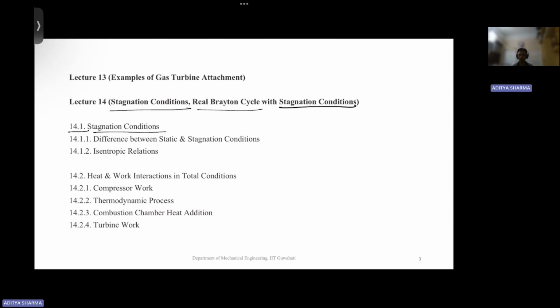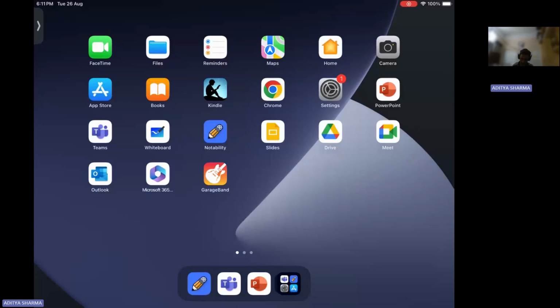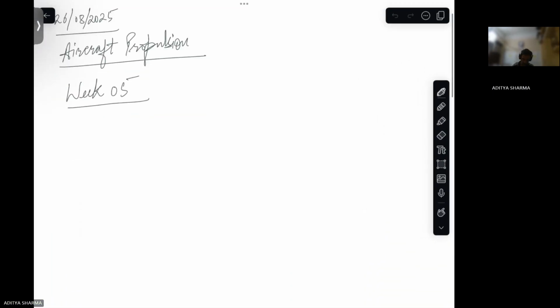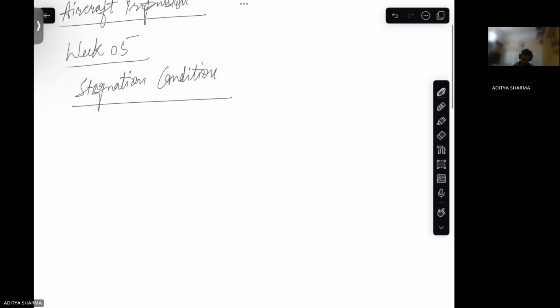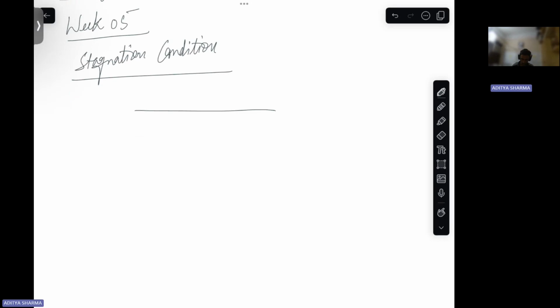What is basically a stagnation condition? We can understand it with the help of flow in some pipe. Okay, let's say we have some flow in some pipe.